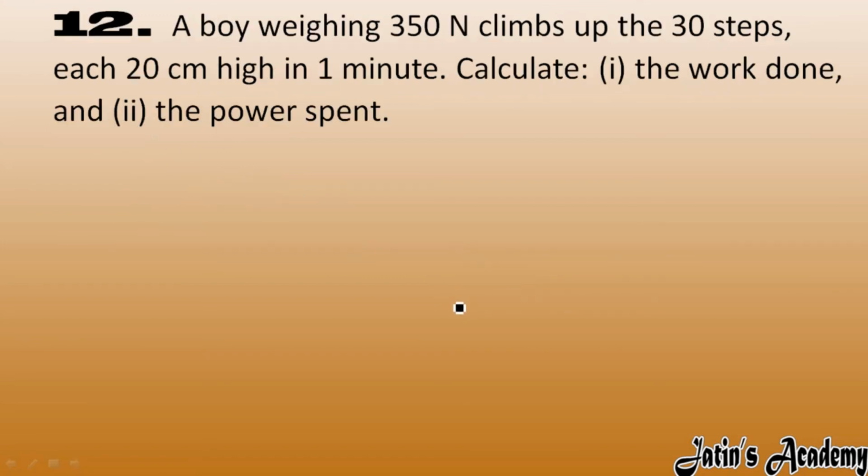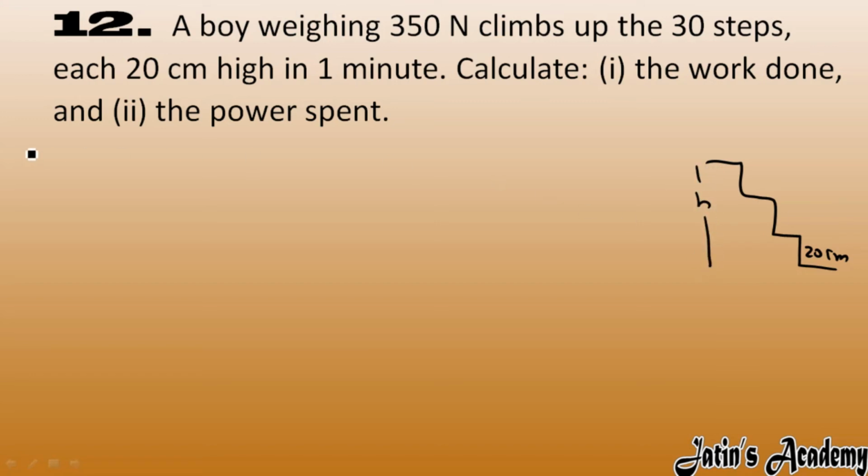Next we have a boy weighing 350 Newton climbs up 30 steps of each 20 centimeter high in 1 minute. We have to calculate work done and power. Now carefully see, basically we have 30 steps and one step is 20 centimeter high. So total step we have 30. So what is the total height?